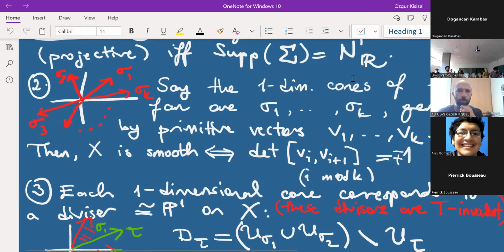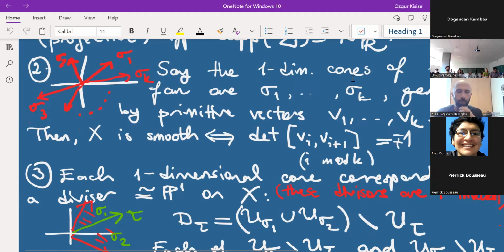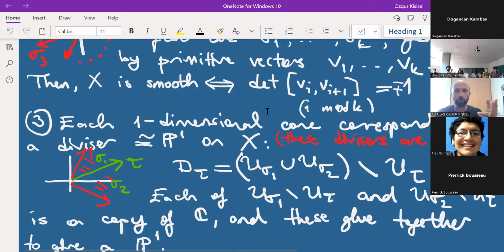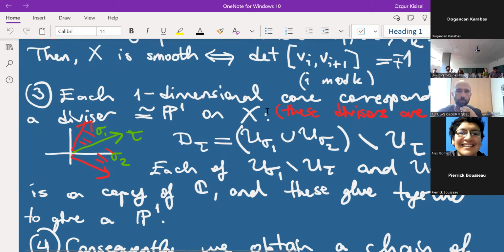Another comment, as we saw several times before in this workshop: each one-dimensional cone corresponds to a divisor which is isomorphic to P1 on X, and these divisors are T invariant, but not T fixed. They intersect at T fixed points, but the remaining points are moved by T within that divisor.